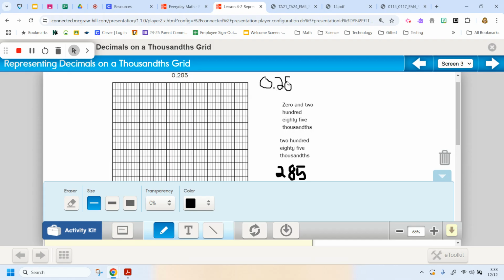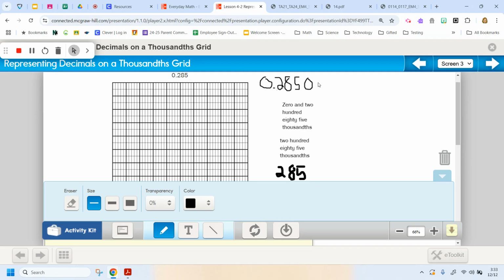So just like how in fractions we would say 1/2 is equivalent to 2/4 or 3/6 or 4/8, we could say 285 thousandths is also equivalent to this number here, which is called 2,850 10,000ths.